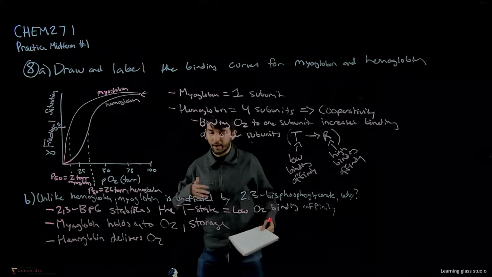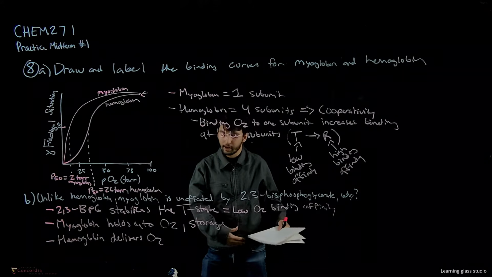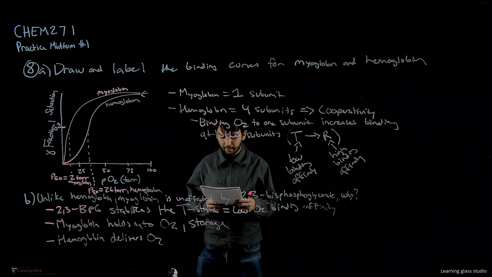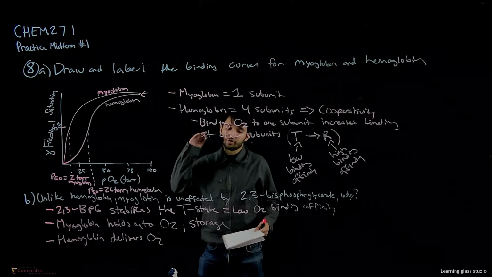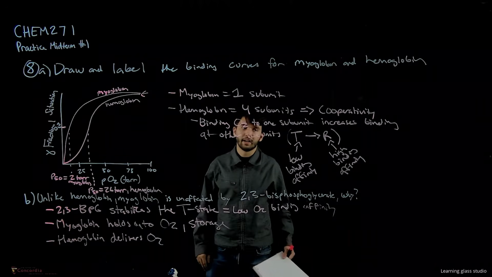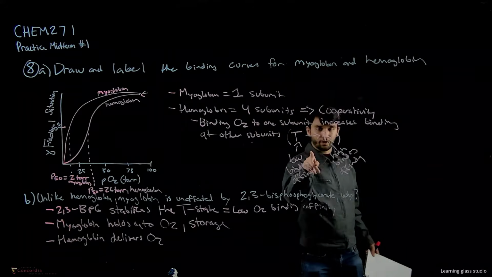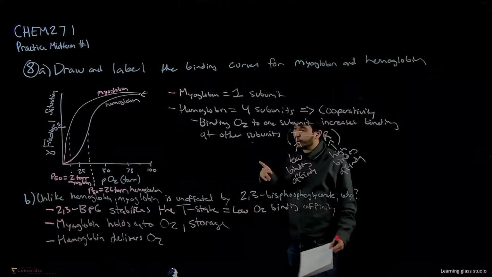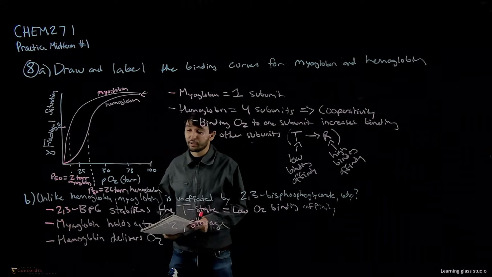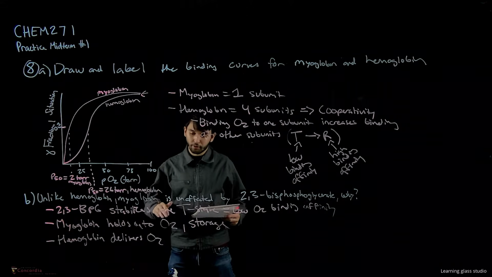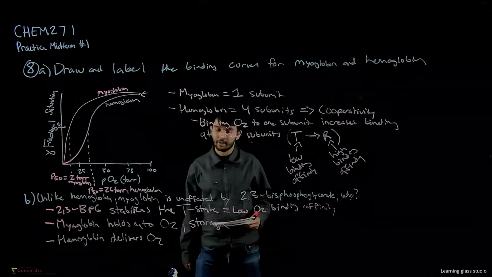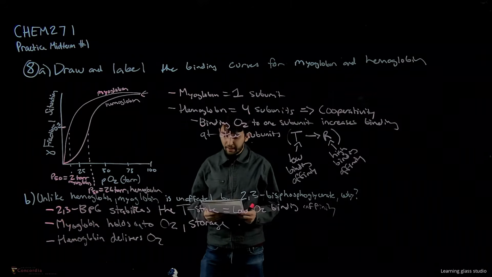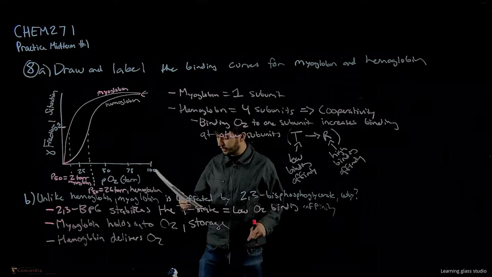So it's picking up oxygen from your lungs and delivering it to your tissues. And because of this, it needs a mechanism to raise and lower oxygen binding affinity. So this is done through the allosteric regulation, switching between the T state and the R state, but it's also done through 2,3-bisphosphoglycerate. What that's doing is it's lowering the binding affinity of oxygen, allowing hemoglobin to release oxygen.